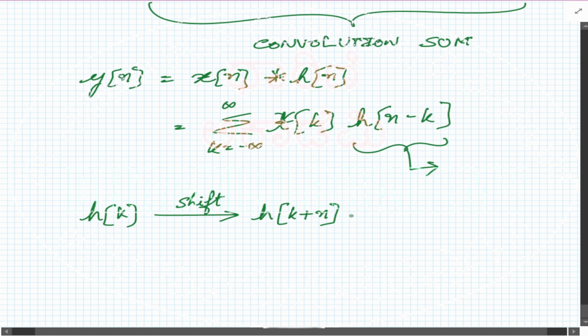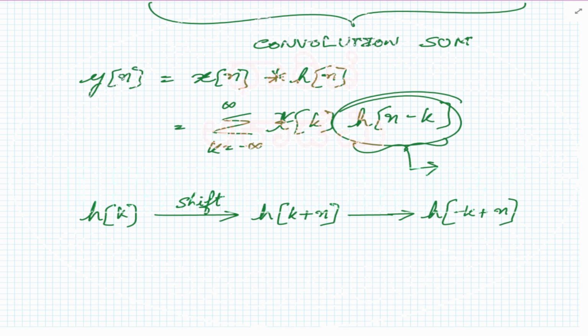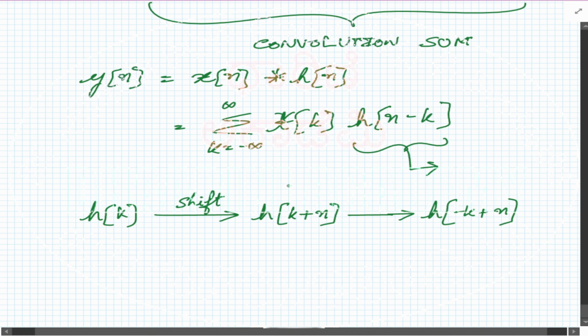I shift, and now I'm converting this into h of minus k plus n, because this is n minus k. n minus k is minus k plus n. k becomes minus k. When k becomes minus k, it is something like t becoming minus t or n becoming minus n. That is called a flip. You are flipping the signal, correct? So I have a flip followed by the shift. These are the two operations I should do on the second signal.